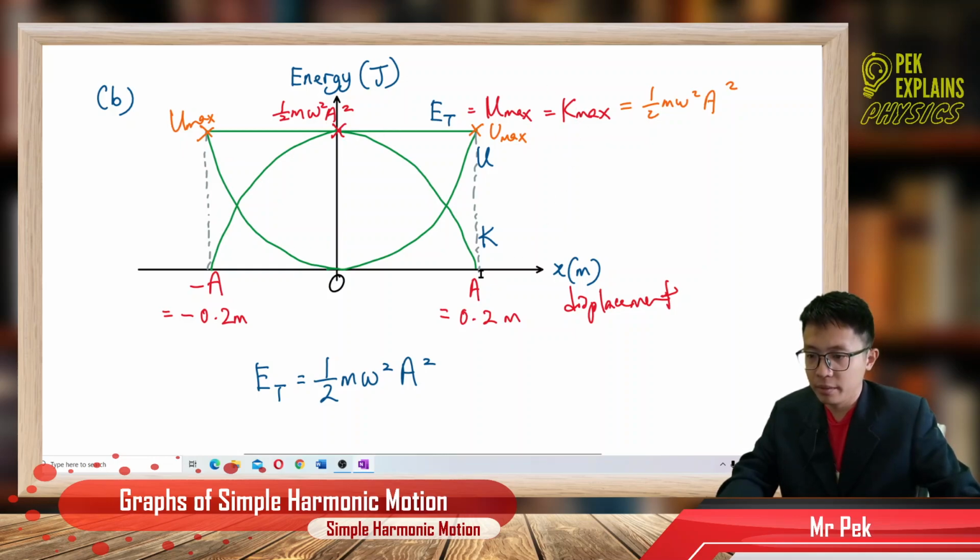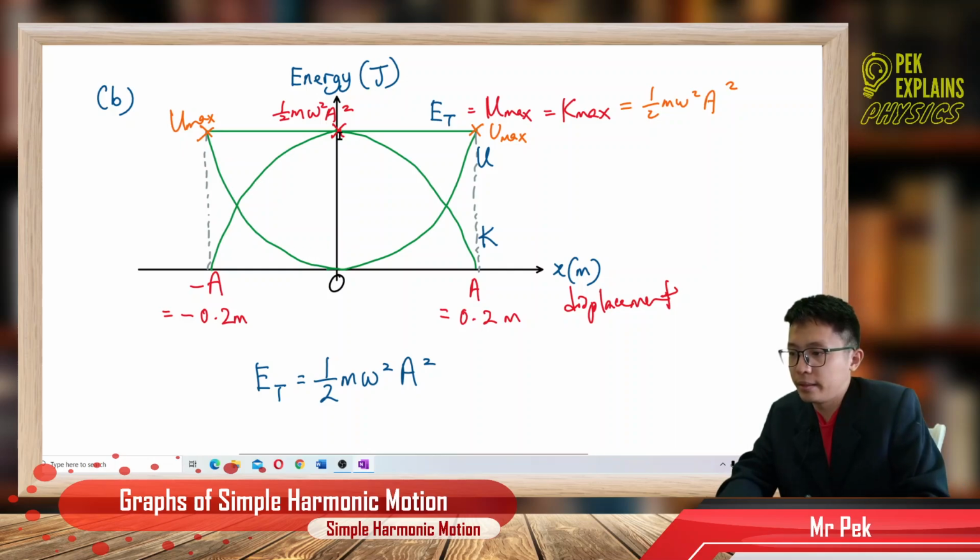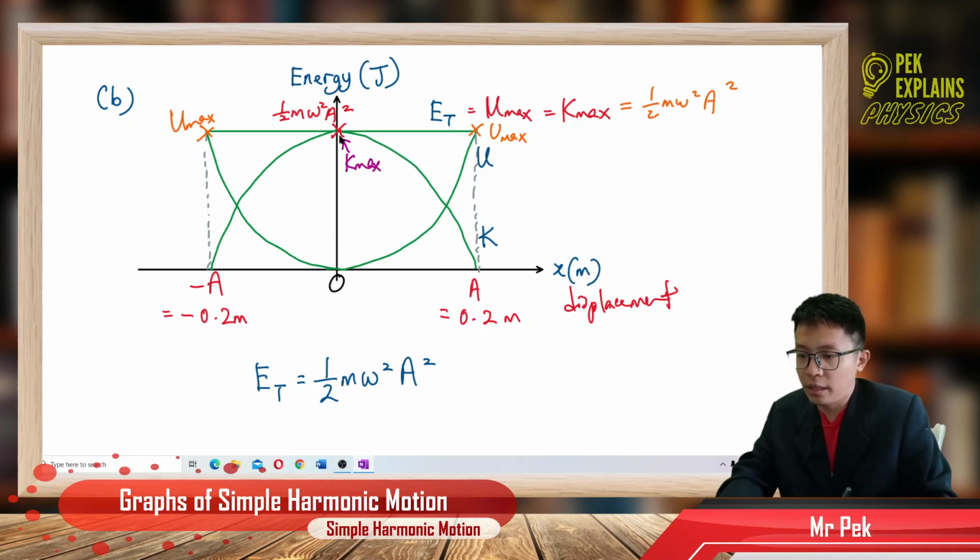When K is maximum, it is also equal to the total energy, half m omega squared A squared. K is maximum at this point, and K is 0 at this point.